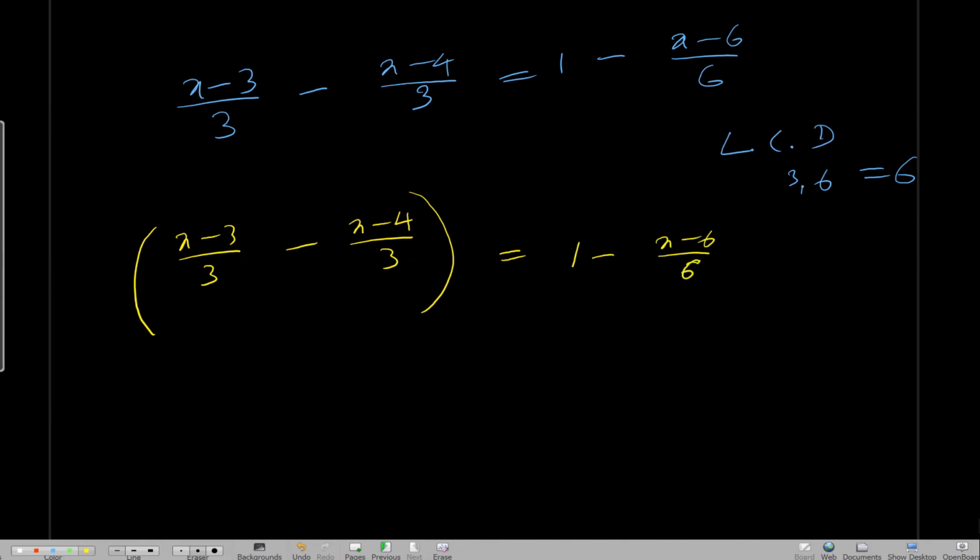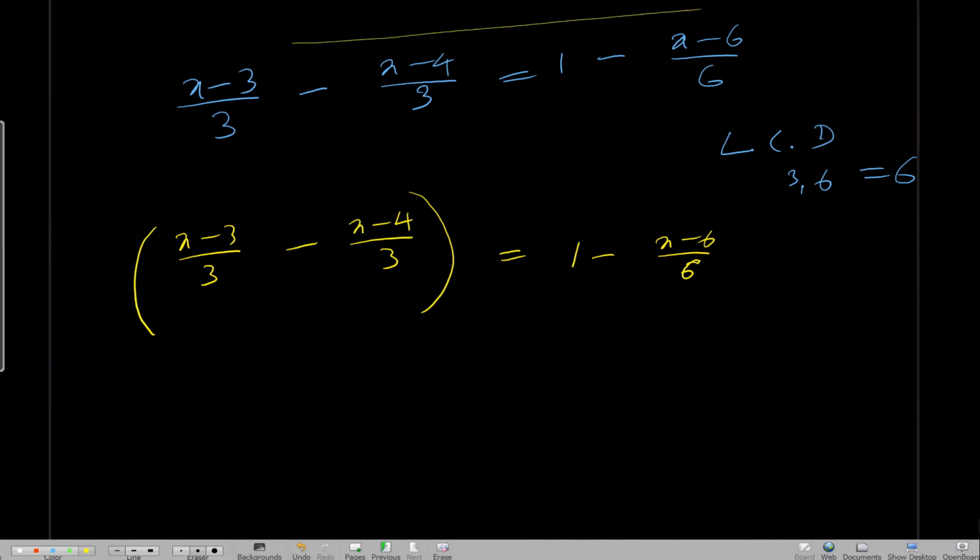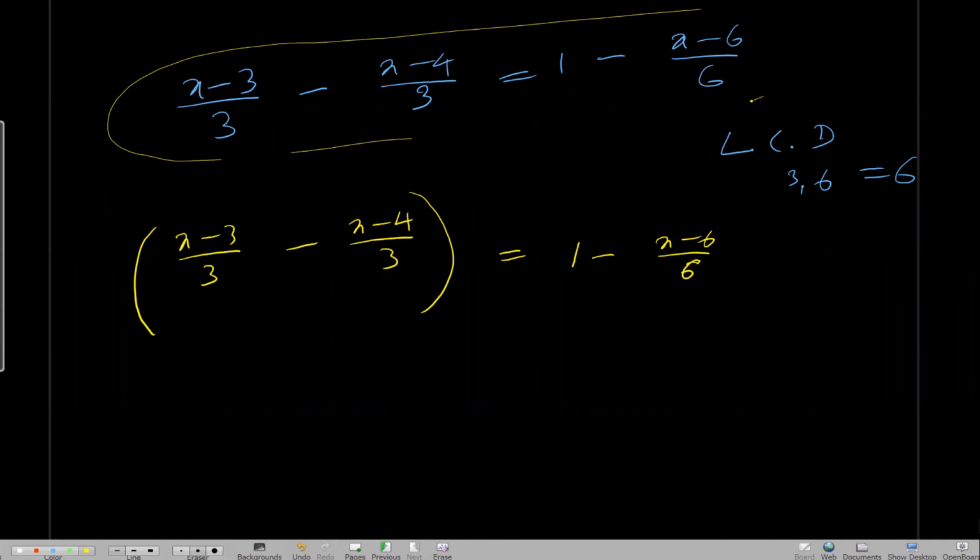Now again, this is a place where it's a little bit confusing, even in textbooks. Sometimes the problem appears like this in textbooks. But in my point of view, it's even better when you have this minus sign that belongs to this whole term. So it's better to do this. So let's do that.